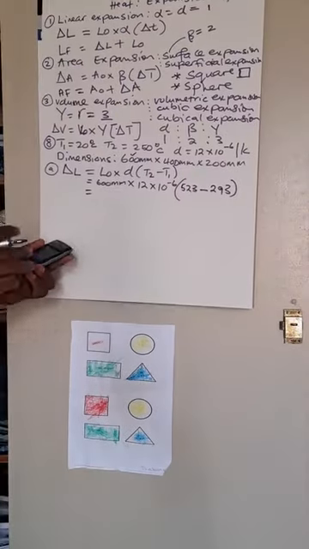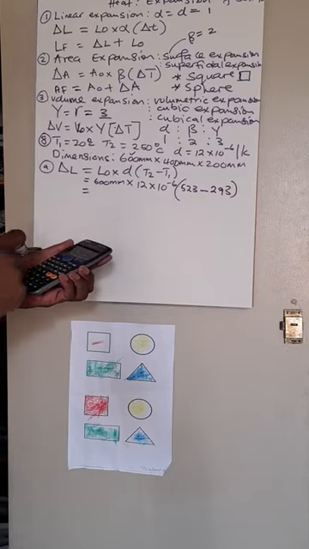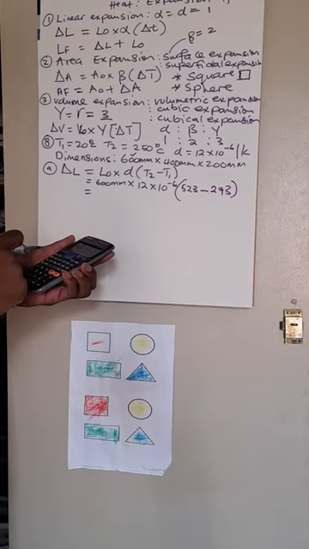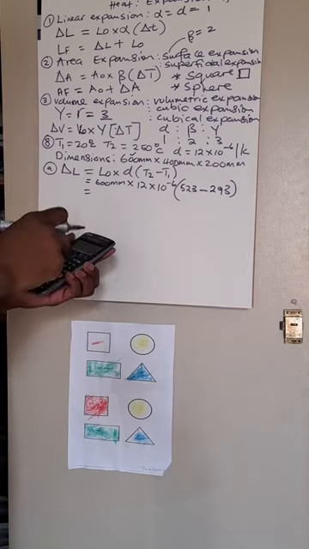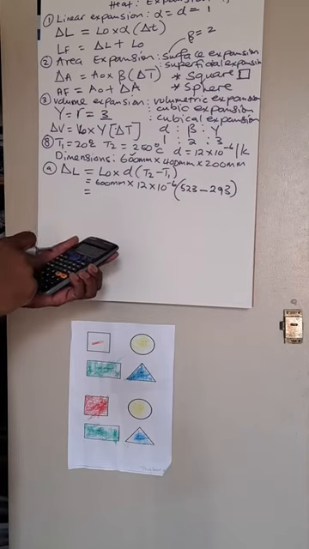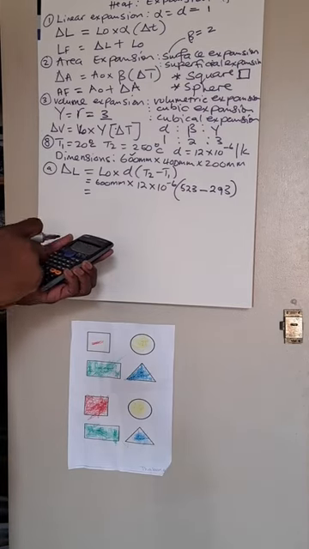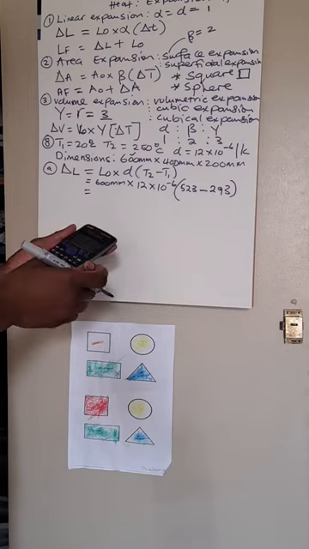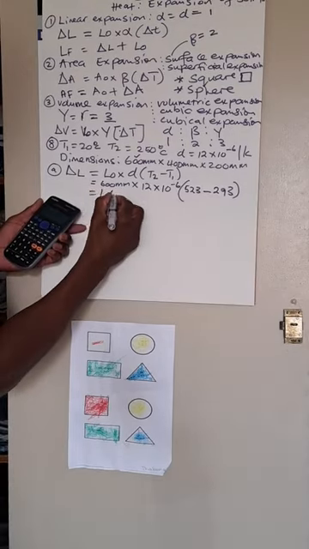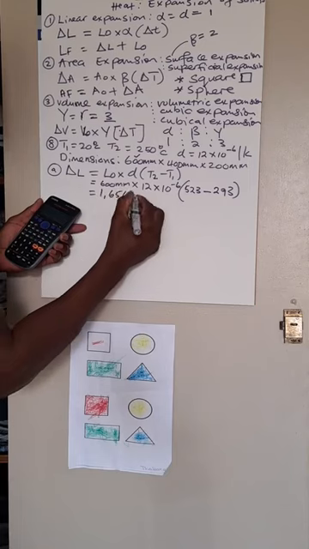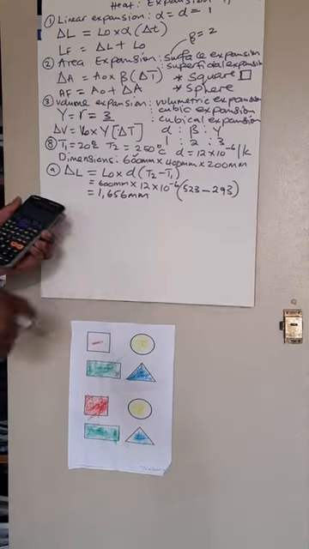So let's get our answer: 600 times 12 times 10 to the power of negative 6 times 523 minus 293. I'm getting my answer is 1.656 millimeters.